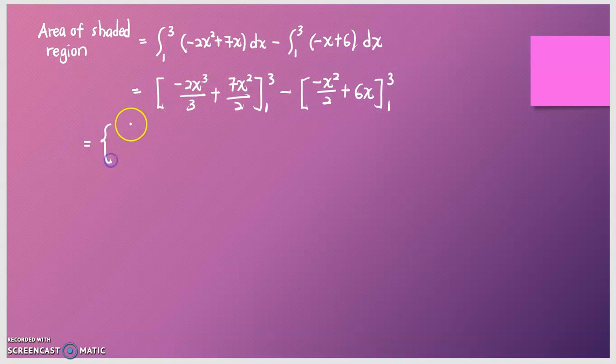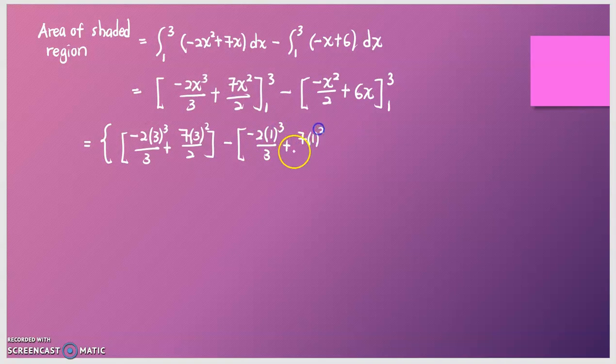So the first part, negative 2 times 3 cubed over 3 plus 7 times 3 squared over 2, minus substitute the value of 1. So this one will become negative 2 times 1 to the power of 3 over 3 plus 7 times 1 squared over 2.